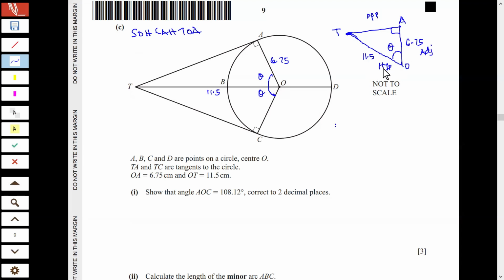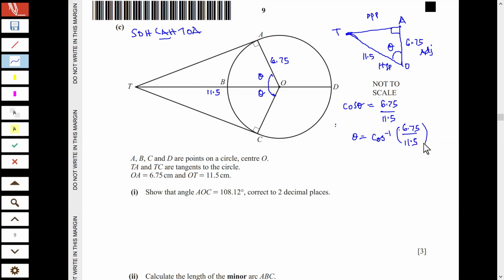In this case, we're only given the hypotenuse and the adjacent, so we have to apply cosine. So cos theta is equal to adjacent, which is 6.75, over hypotenuse, 11.5. Now, theta will be the cos inverse of 6.75 over 11.5.